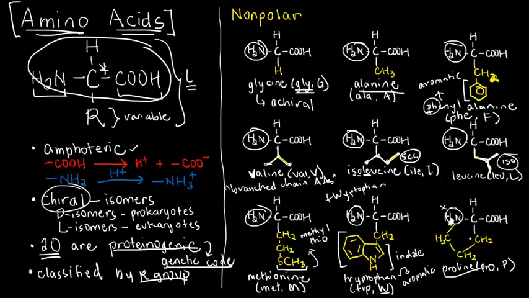So this is the only secondary amino group existent among the 20 proteinogenic amino acids. Sometimes books would prefer calling proline an imino acid because of this special structural feature. I think that's all for the non-polar amino acids.